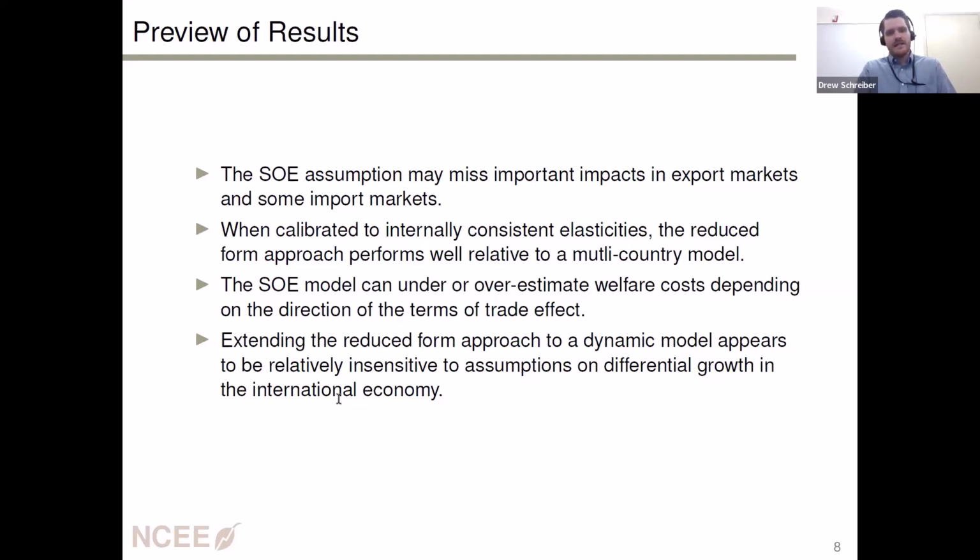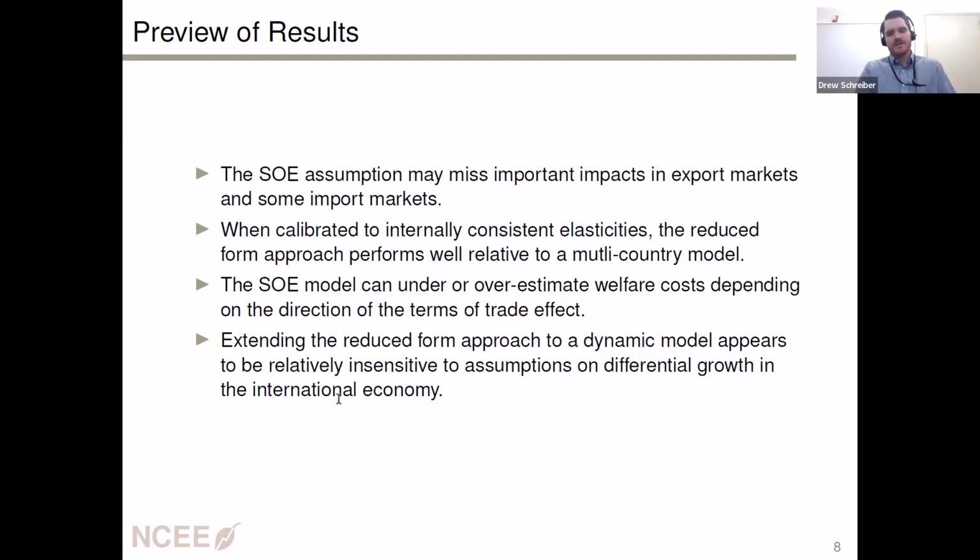And then finally, and this is not something that I'm going to dig into a ton in this presentation because of time limitations, but it's in the paper. We do think about this question about, okay, the GTAP and GAMS model is static, the SAGE model is dynamic. How do we think about calibrating a dynamic model to a static set of elasticities? Are there ways in which we can think about how those elasticities might evolve over time, depending on differential growth assumptions in the international economy?